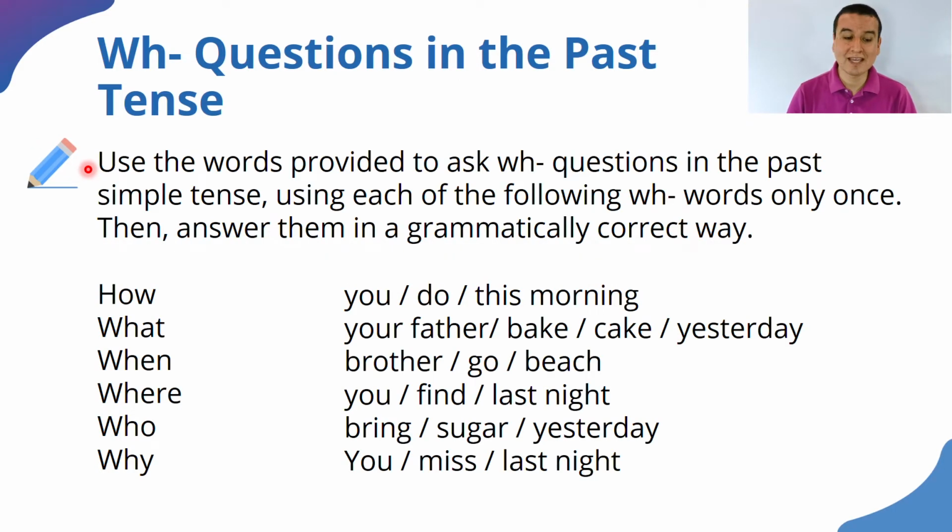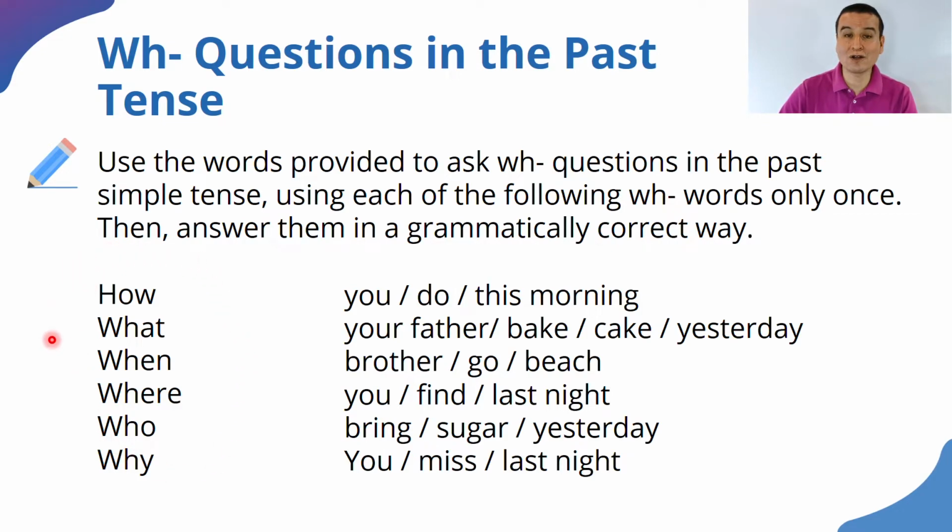The first one is use the words provided to ask WH questions in the past simple tense, using each of the following WH words only once. All right? Then answer them in a grammatically correct way. So these are the question words that you are going to use.